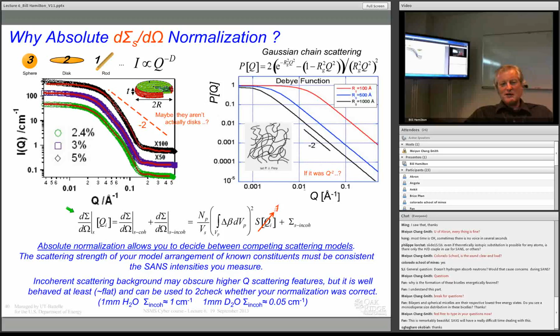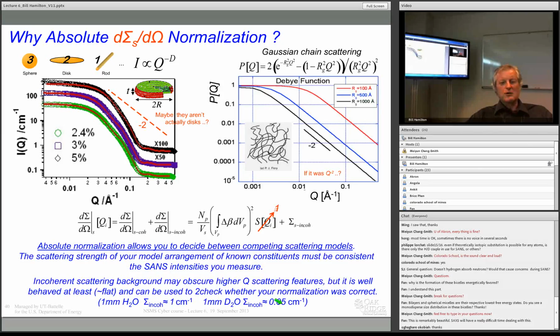And incoherent scattering, which is the bane of our existence, is the scattering that doesn't have anything to do with structure. Sonny mentioned that for neutron scattering experiments, it masks what's going on at basically a lower Q than we like. But it can always be used to double check whether your absolute intensity is correct, because things that are essentially hydrogenous, say fully hydrogenous water, will give you an incoherent cross-section of about 1 centimeter to the -1.